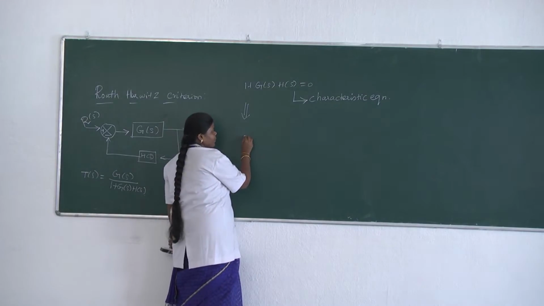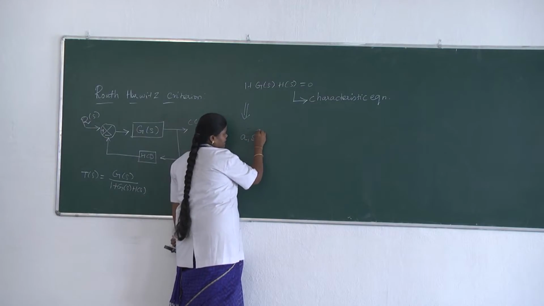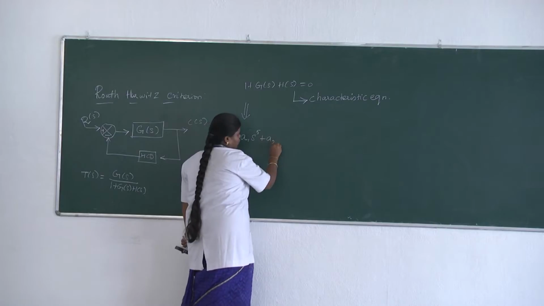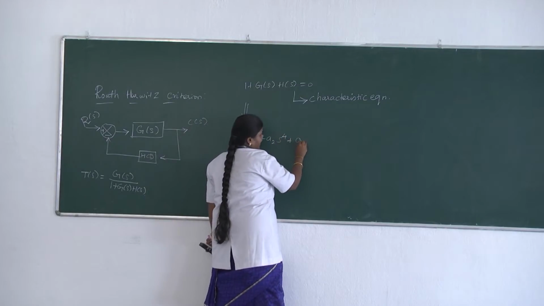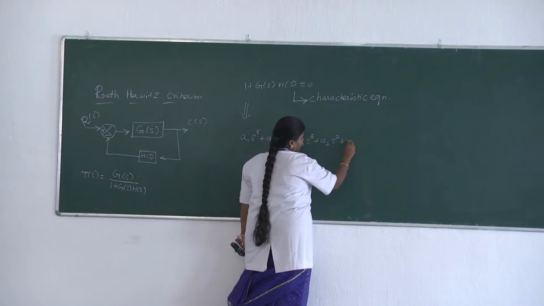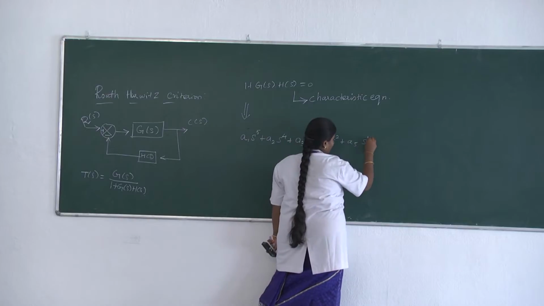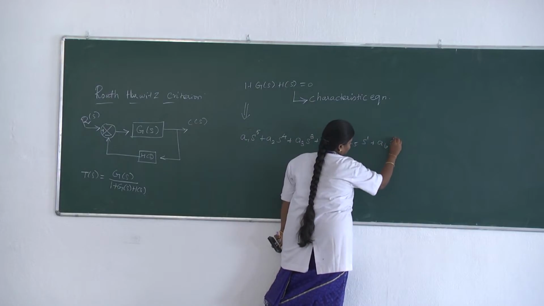Let me consider a polynomial equation: a1 s power 5 plus a2 s power 4 plus a3 s cube plus a4 s square plus a5 s power 1 plus a6 s power 0.